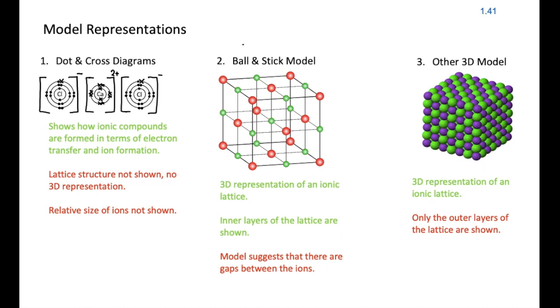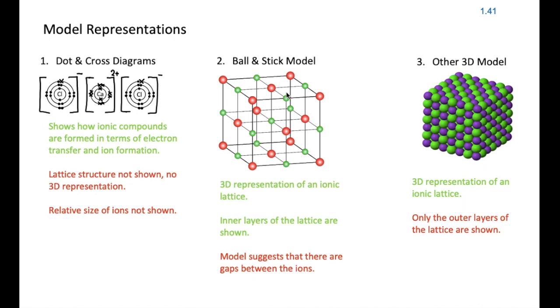Now, something we haven't seen before is a model called the ball and stick model. This one does give a 3D representation of the ionic lattice, and it also shows an inner layer of this lattice. That's essentially what lattice is. It's millions of layers of ions on top of each other.